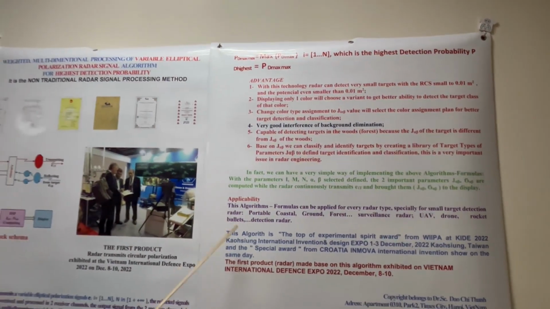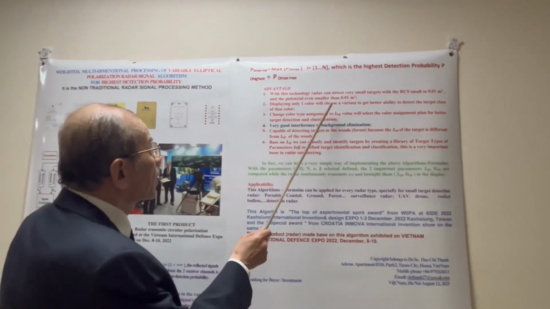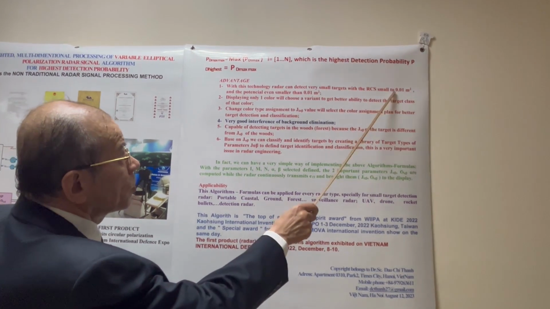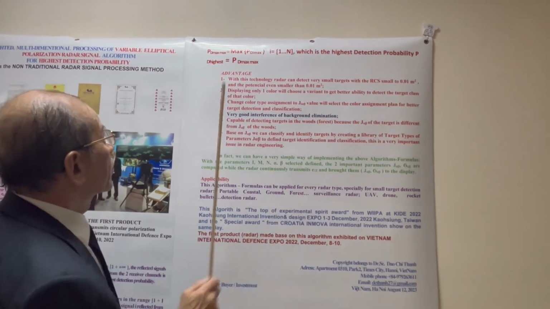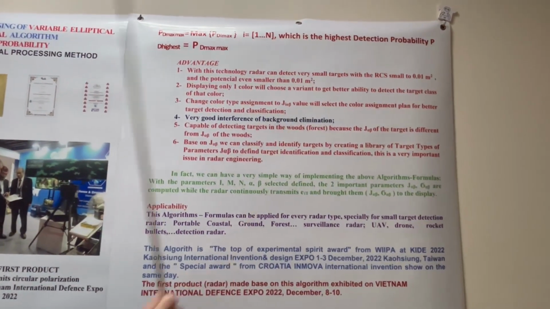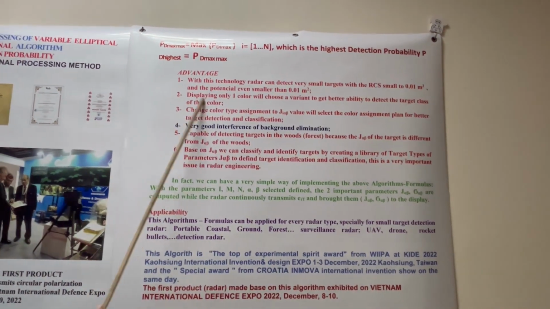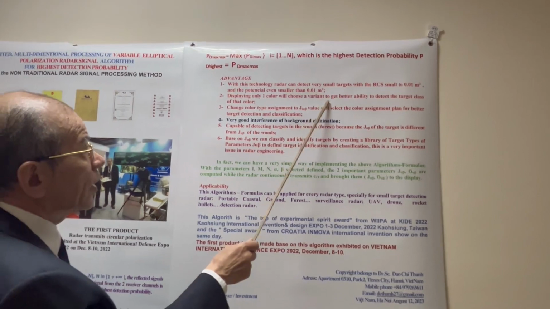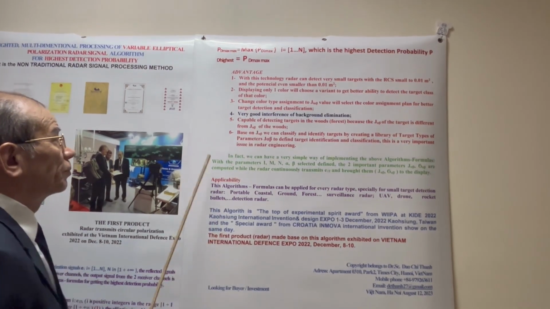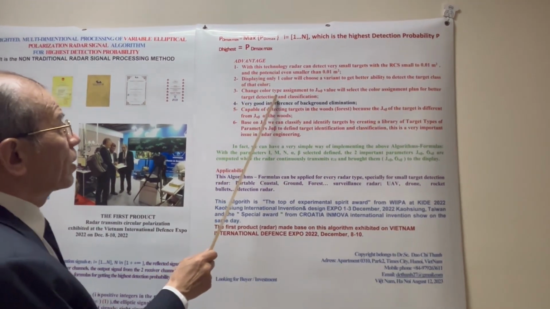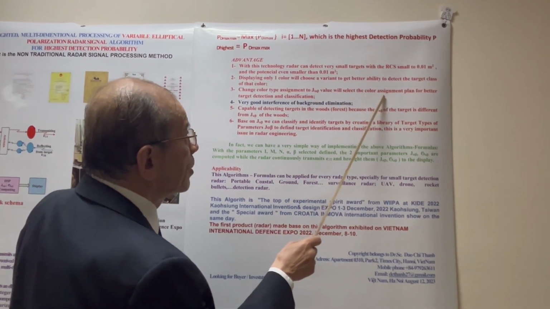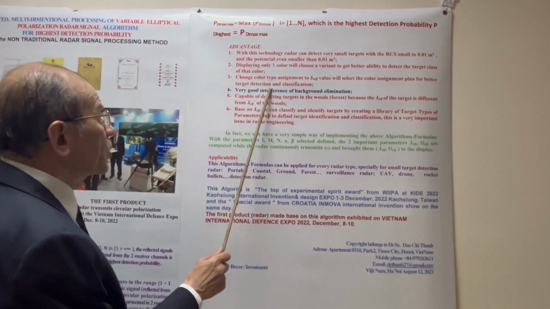And the advantage with this technology: radar can detect very small targets with an RCS as small as 0.01 square meter, and potentially even smaller. When displaying only one color, we will choose a variant to get better ability to detect the target class of that color. The third, changing the color type assignment to the G alpha beta value will select the color assignment plan for better target detection and classification.